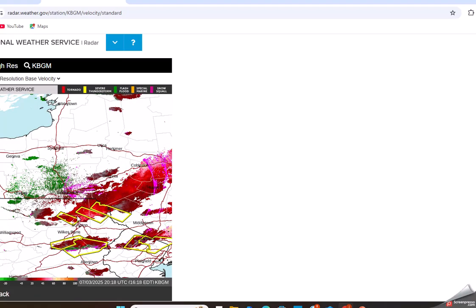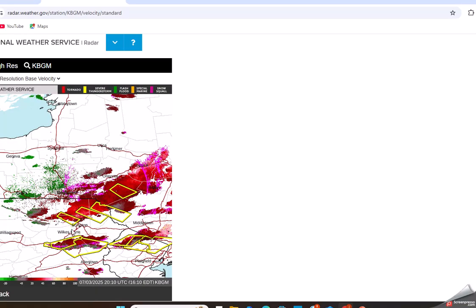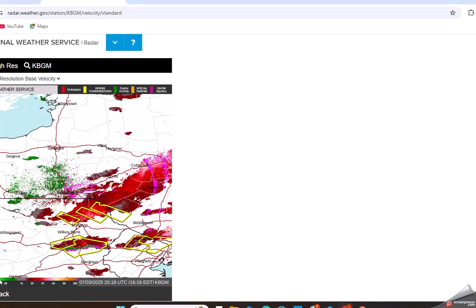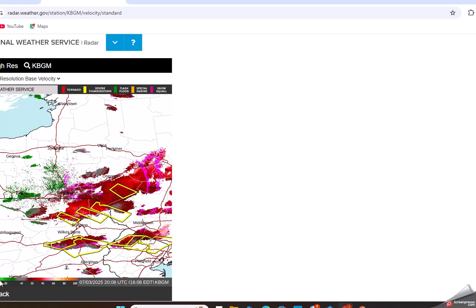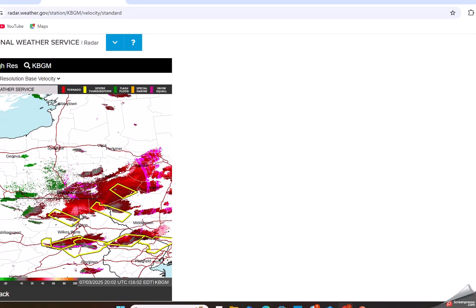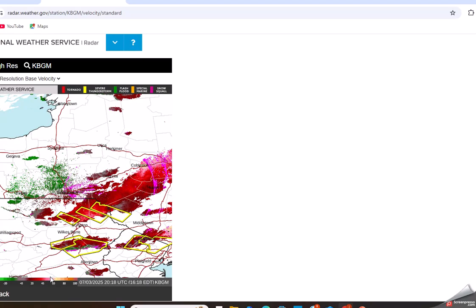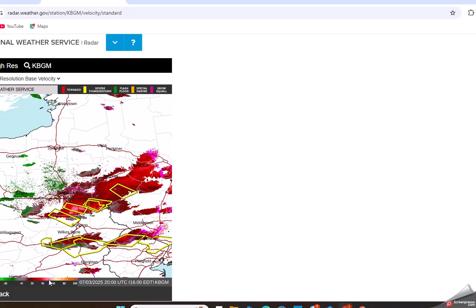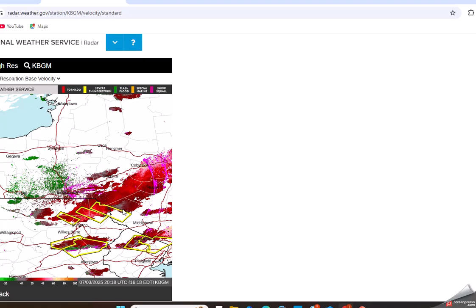Right here, there are some pretty good winds. You'll notice here a scale is toward the radar and away from the radar. Well, right now we're going away from the radar, but we have some velocities in this range right here, 45, 50 knots of wind or more.